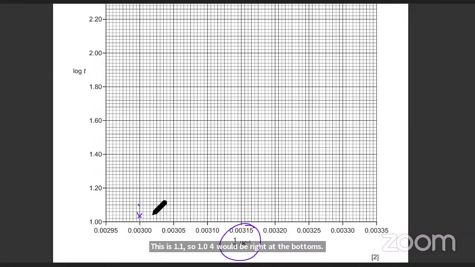Probably this one. The second point in the table was 0.0031, and it was 1.54. So 1.54 would be, this is 1.5, 1.54 would be one block, be 2 blocks.